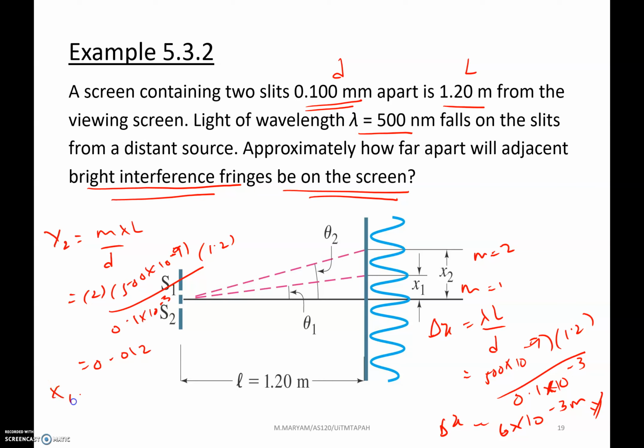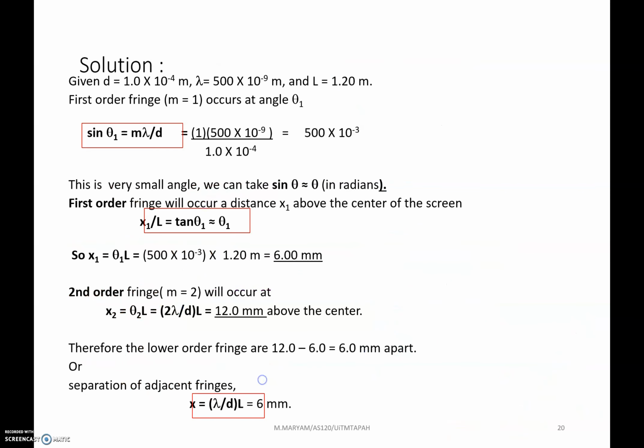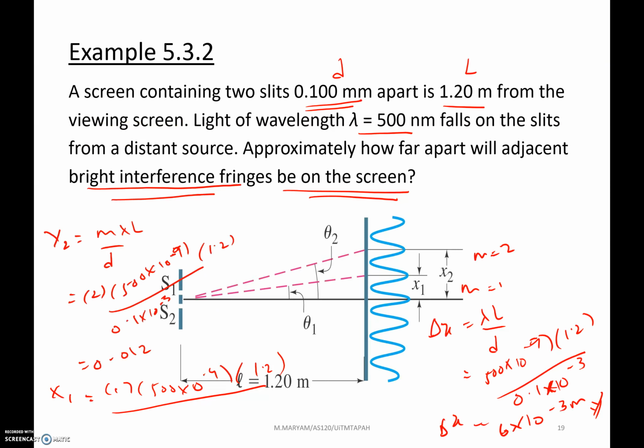Now let's calculate the first fringe: 1 times 500 nanometer times the distance between the screen and the slits, divided by 0.1 times 10 to the power negative 3.